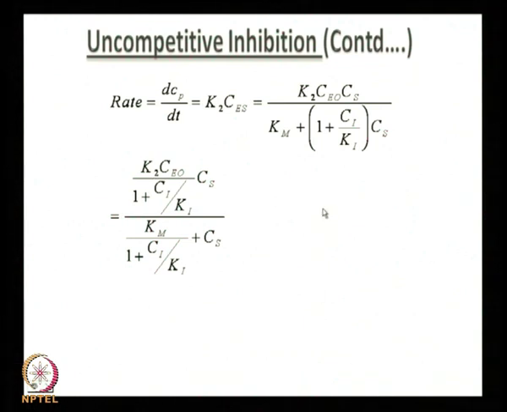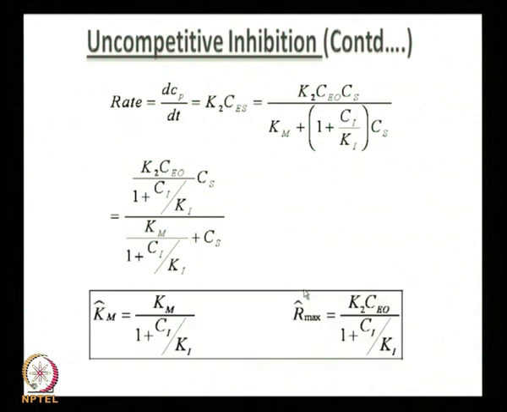Yeah, the maximum rate has increased, and what else has increased? Both the slope and the other asymptote have increased, right? So your Km hat has changed and the maximum rate has changed. Now your Km hat is this number given over here, and your R max is the numerator over here.